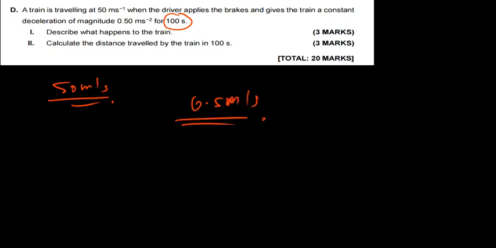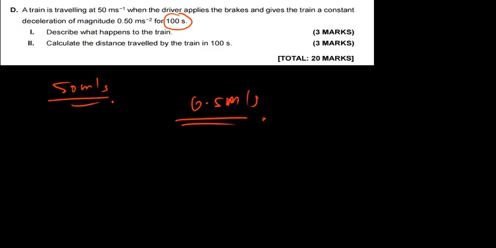So every second, for 100 seconds, the train was changing speed by 0.5 meters per second. I think you're getting the logic there. So in short, the brakes were not enough for the train to stop moving. That's the reason why it just kept on moving with a deceleration of 0.5.